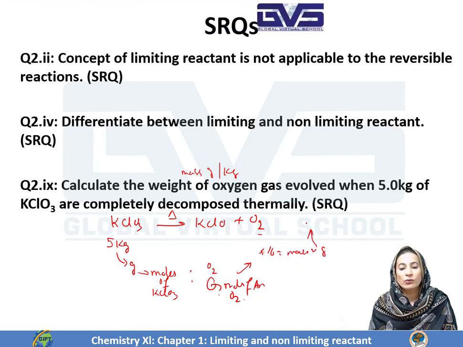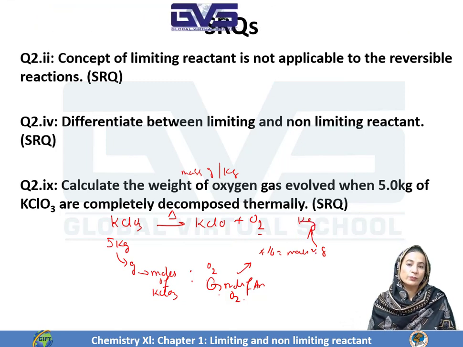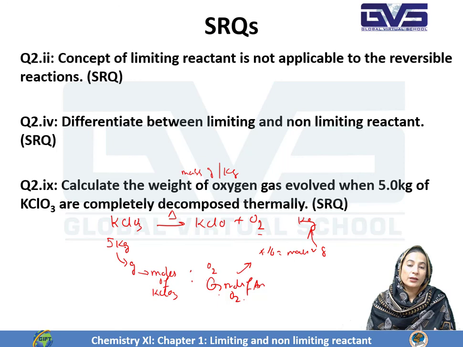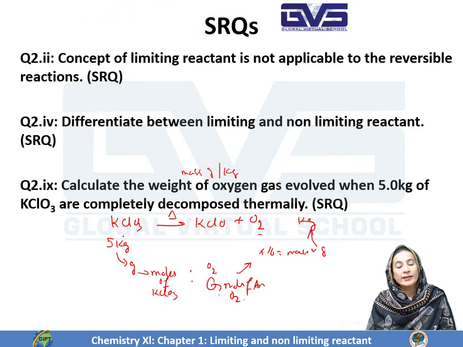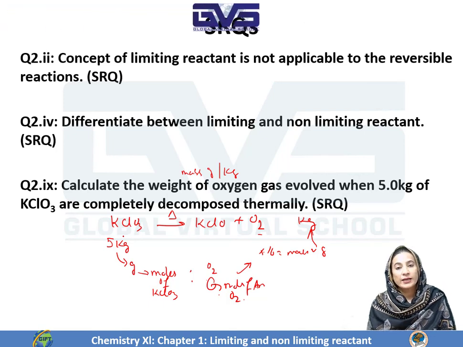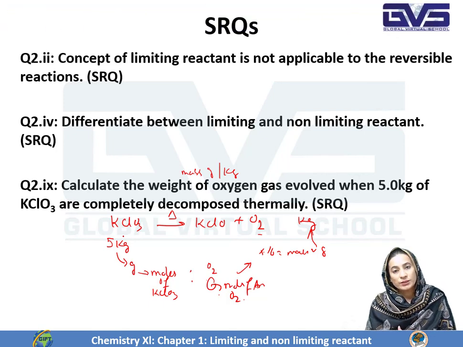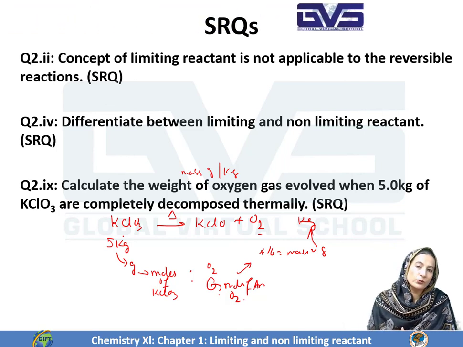You can even convert it into kilogram by dividing this mass. So the basic steps are: convert kilogram into gram, then gram into moles. With the help of moles, find the moles of oxygen by the ratio method, then convert the oxygen moles into mass, and again from gram to kilogram.